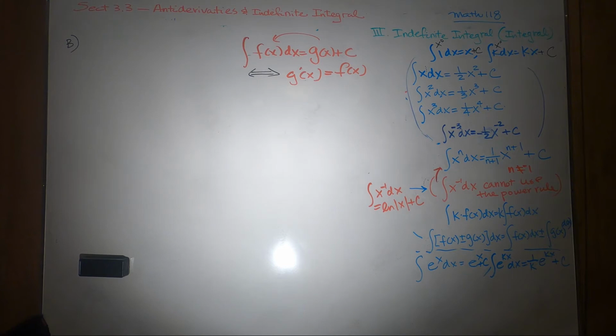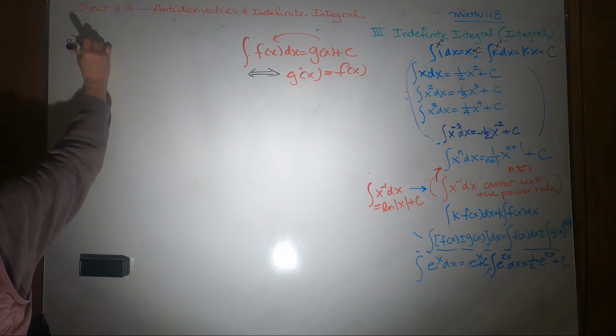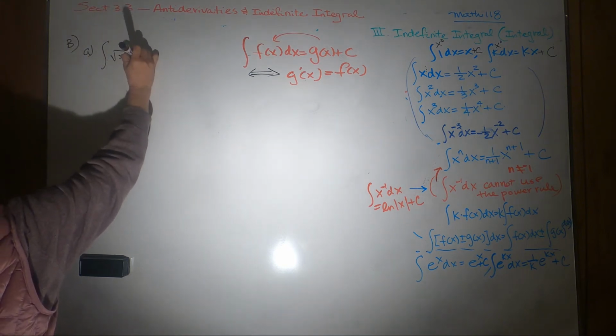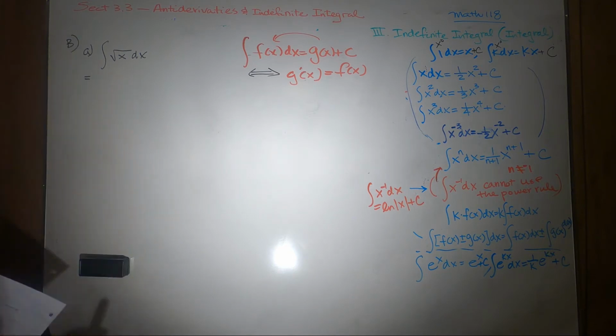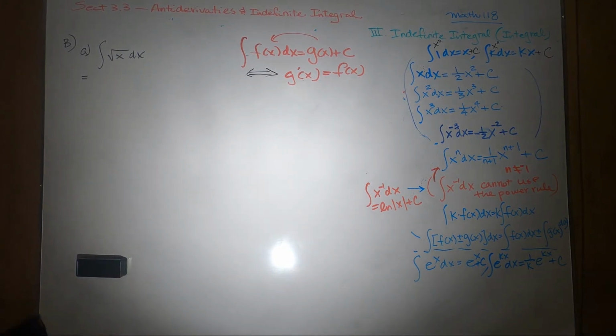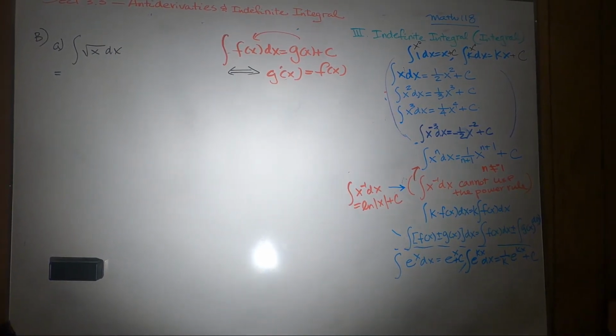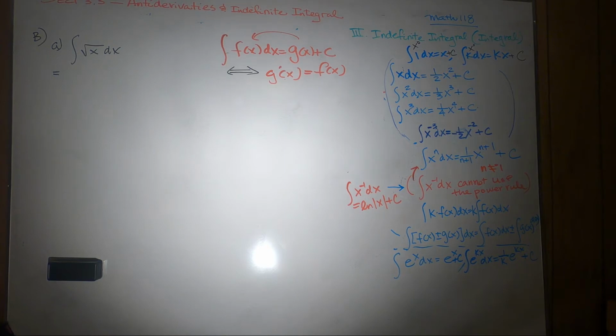We have to use what? Natural log rule. Okay? So, if we have this one, antiderivative of square root of x, it means what? We need to change everything to the power to do that.